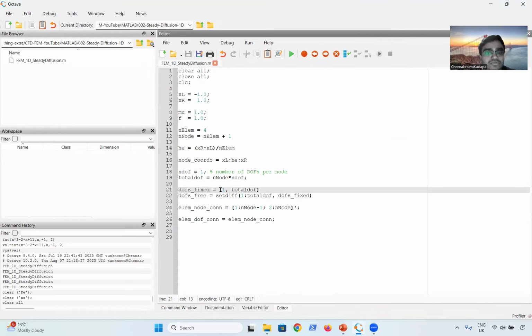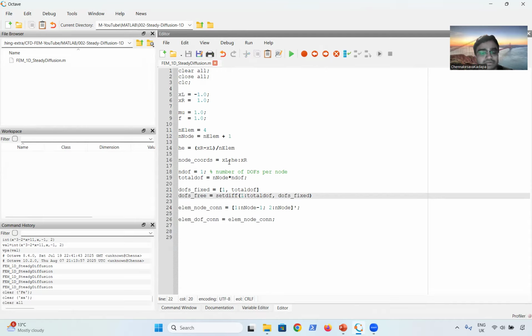Once we know the fixed DOF, we can calculate the free DOF, that is the internal degrees of freedom, by taking a set difference. The total degrees of freedom should be from 1 to 5 in this case, and if we subtract the fixed DOF from the total set, we get the free DOF.